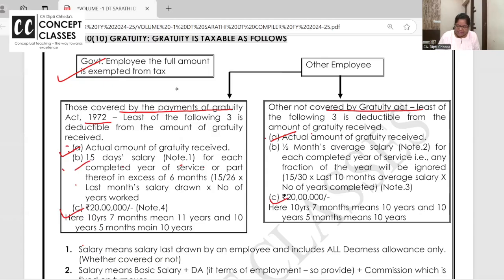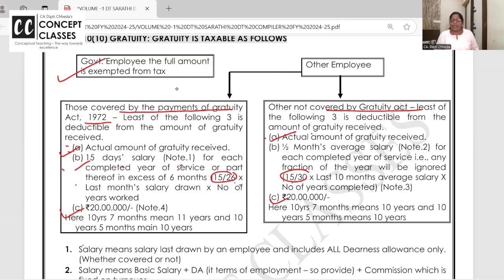Here 15 days salary, but 15 by 26. When you are covered, the number of days you work is assumed to be 15 by 26. When you are not covered, then it is assumed 15 by 30. Are you all with me? So 15 days salary. Here, 15 by 26. Here it is 15 by 30.